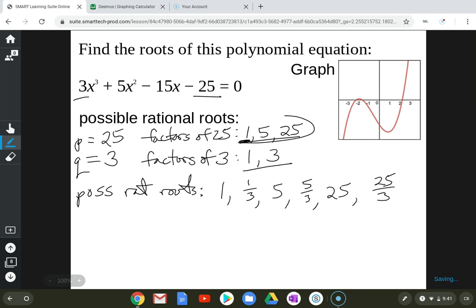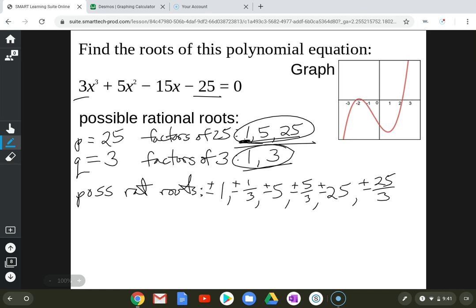It's all of these divided by all of these, so you have to do each one at a time. Here's the other gotcha. All of these possibilities could be positive or negative, so every single one of them has a plus or minus in front. So we actually have 1, 2, 3, 4, 5, 6, 12 possible rational roots for our function.